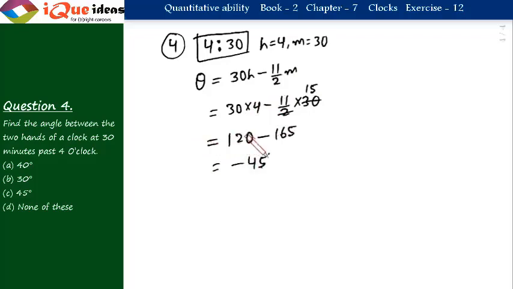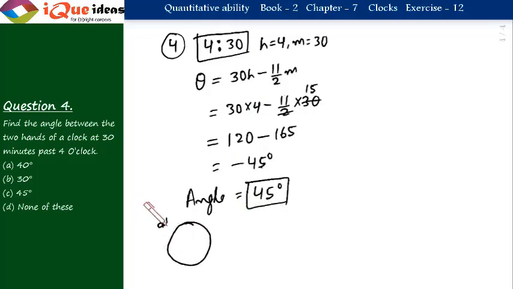Now what does it mean? We say that the angle is 45 degrees. The minus sign means that the minute hand has crossed the hour hand from 4 o'clock to 4:30, which is obvious. At 4 o'clock, the situation was minute hand here and hour hand at 4.